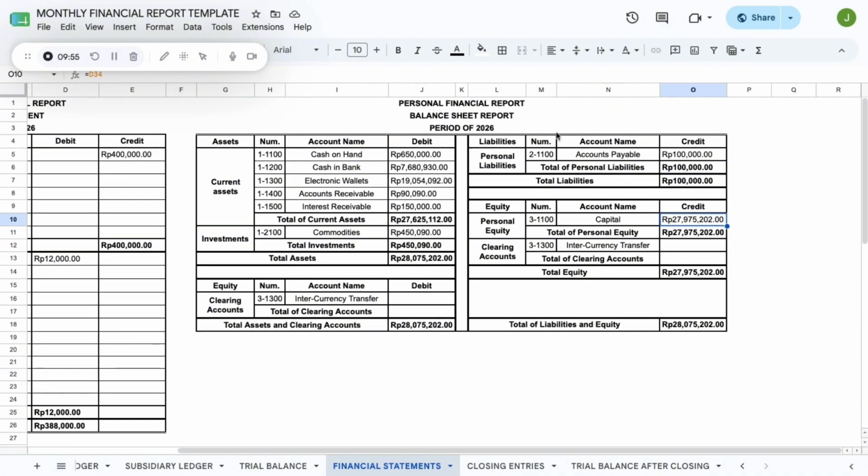And this is the balance sheet report. Basically, it's the final decider if everything you've done throughout the system is operating properly. And as you can see, another golden rule of accounting: assets equal liabilities and equity. And because these two are equal, that means the system is working as intended. So we've done everything correctly.